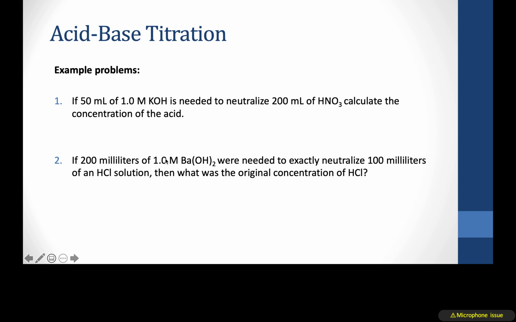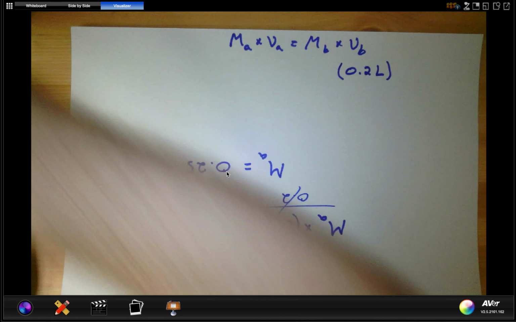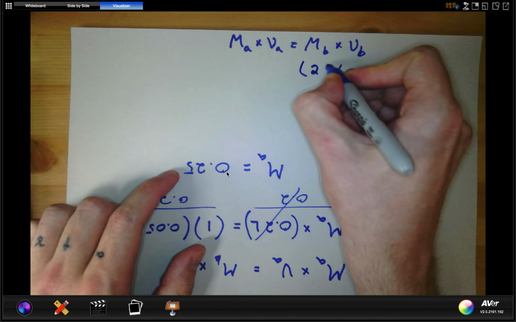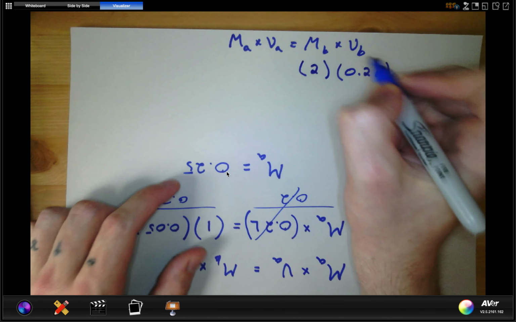In a 1 molar solution of barium hydroxide, you're going to get 2 moles of OH. Up here there was only 1 OH, but here there's 2. Look at the formula, OH in parentheses, 2. So you're going to get 2 moles of base out of that. So the concentration of the base is actually 2 and not 1. All right, that's tricky.